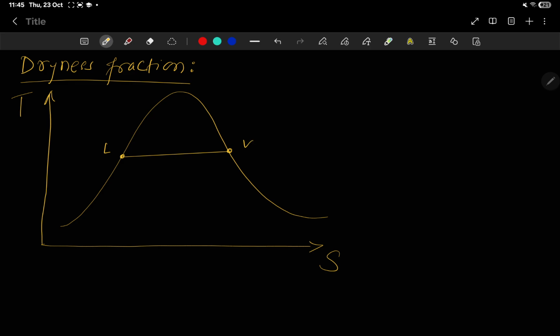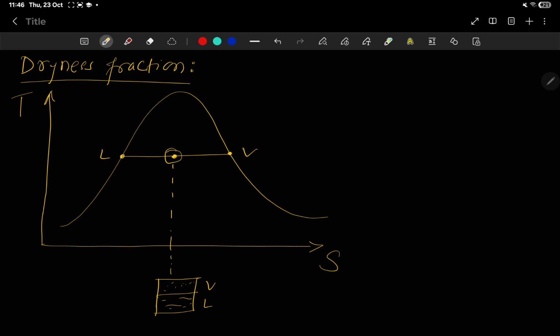This horizontal line separates liquid and vapor, and this complete region is the wet region. At this point we get liquid plus vapor.